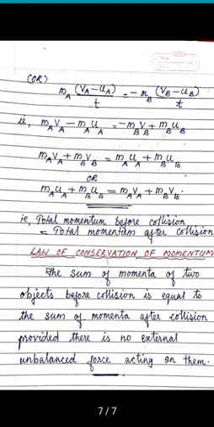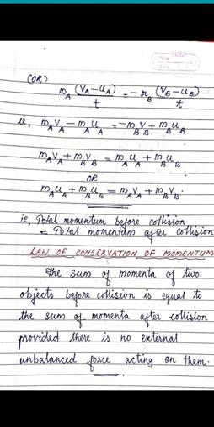So we can equate MA into (VA minus UA) upon t is equal to minus MB into (VB minus UB) upon t. The denominator t is common on the LHS and RHS, so we can cancel it. Then we get MA VA minus MA UA is equal to minus MB VB plus MB UB. Why is it plus there? Minus into minus becomes plus. So we can write MA UA plus MB UB is equal to MA VA plus MB VB.